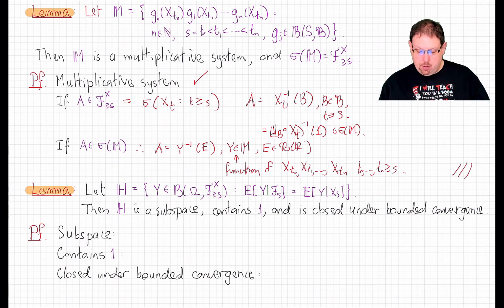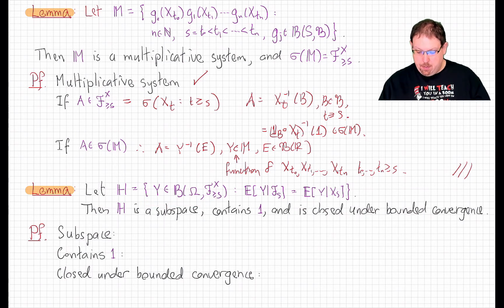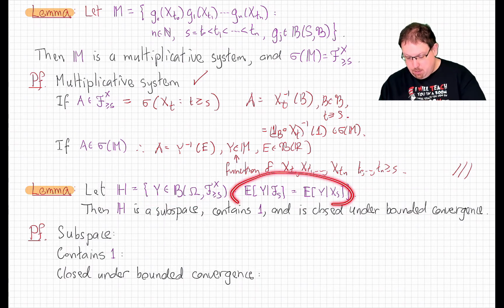Okay, so now our goal was to prove the proposition, that is, that for a Markov process, the future depends on the past only through the present, by using Dynkin's multiplicative systems theorem. We've got a multiplicative system, and now we need to find a subspace H that contains it, that we will show is the full set of functions that we want. So here is that subspace H. It's the set of all future measurable random variables for which the desired property holds.